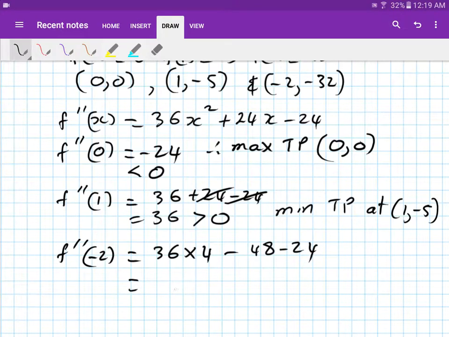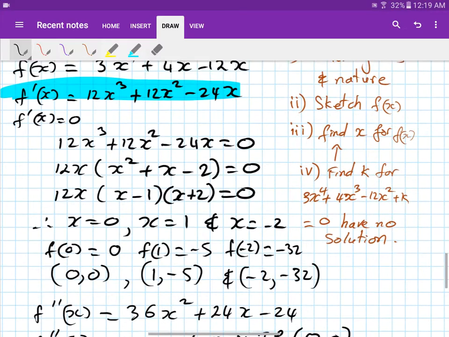If you put it in your calculator, you should get 72, which is greater than 0. So therefore, minimum turning point at (-2, -32). So these are the points.